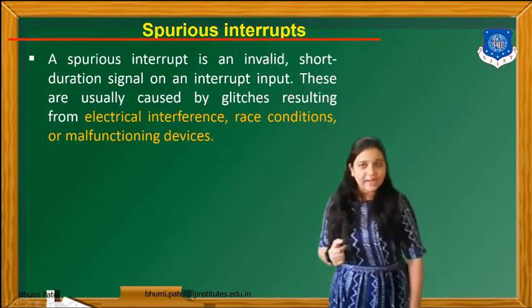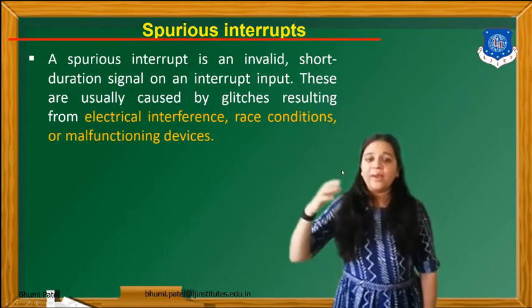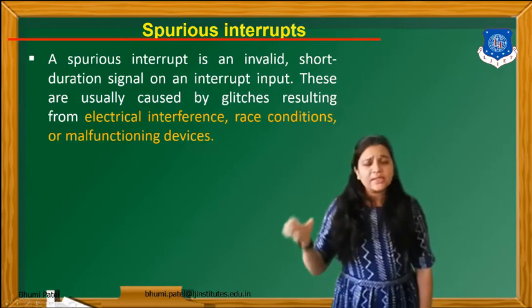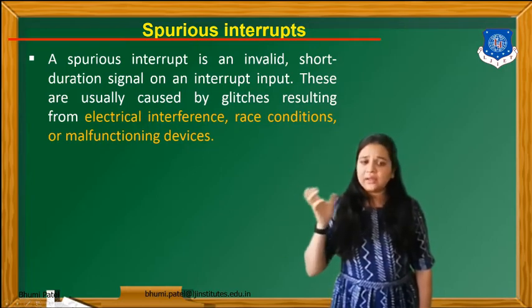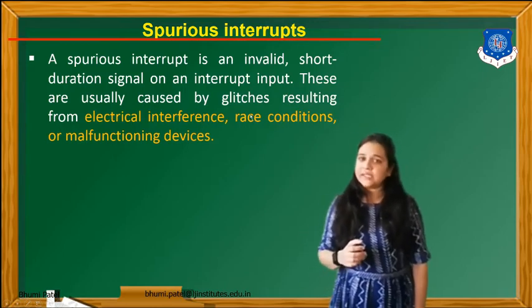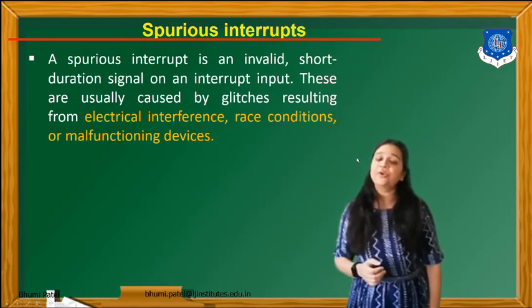One simple example of this spurious interrupt is that if we apply the sine or the cosine input for this particular signal and some noise or some electrical interface is added to this particular signal, this type of interrupt is known as the spurious interrupt.